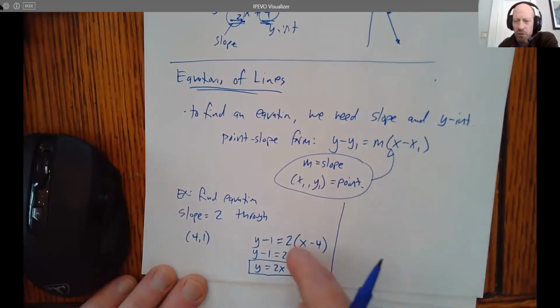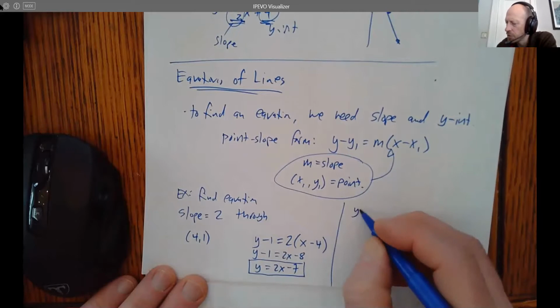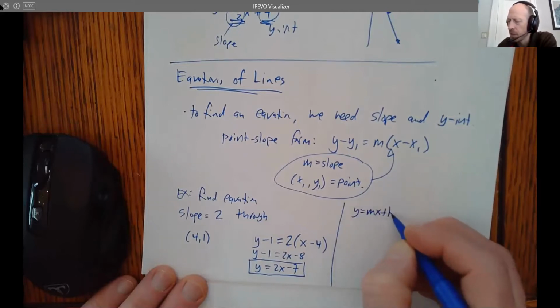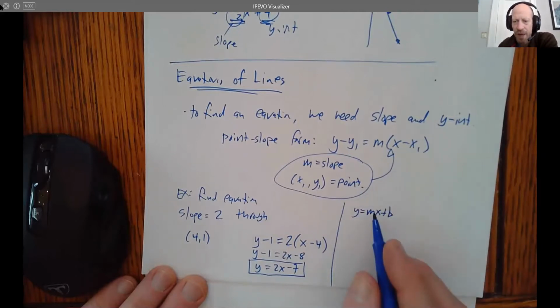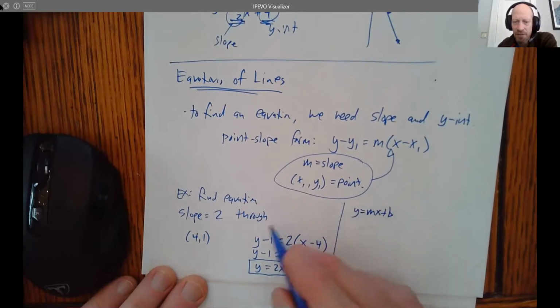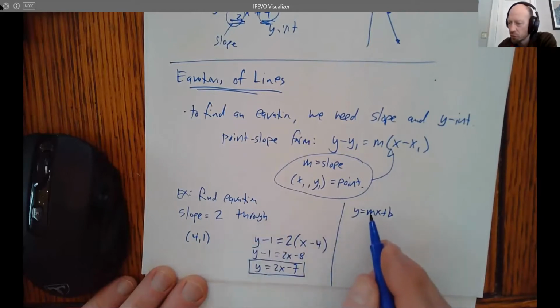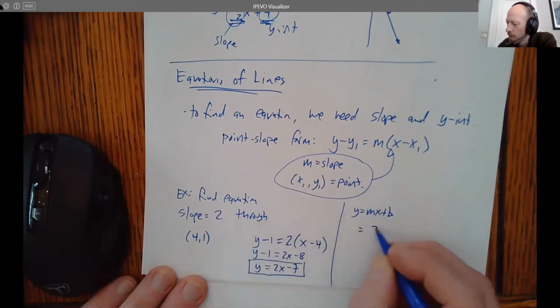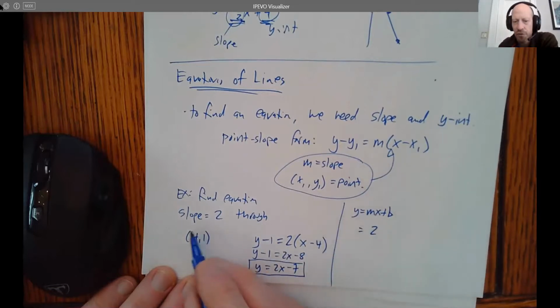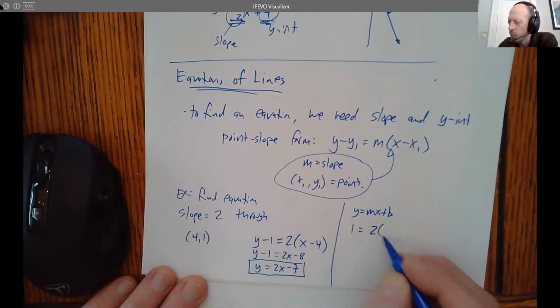If you don't want to use or remember that formula, you can also do it just using y equals mx plus b. The way you do that is similar. I know the slope is 2, so m has to be 2. I also know it goes through this point, so the y value has to be 1.